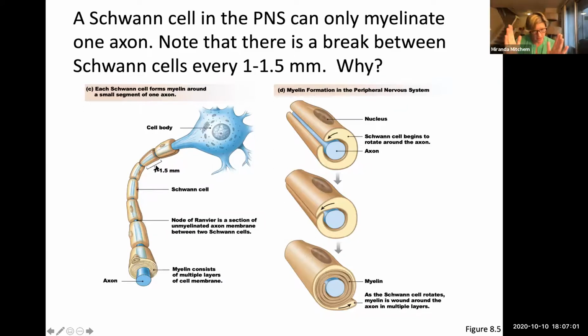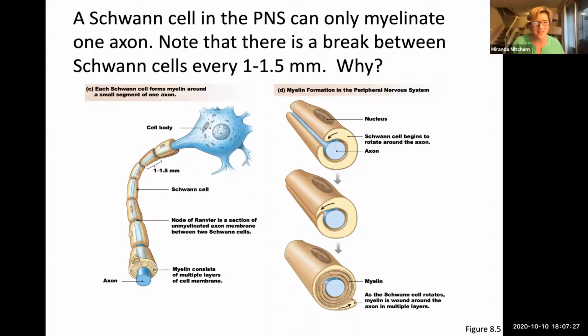The hot dog buns, if you will, are not randomly sized, they are spaced. They tend to be about 1 to 1.5 millimeters in length, and then they have a specific space in between them. The nodes of Ranvier are there.